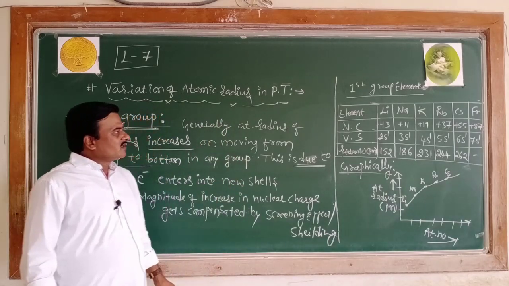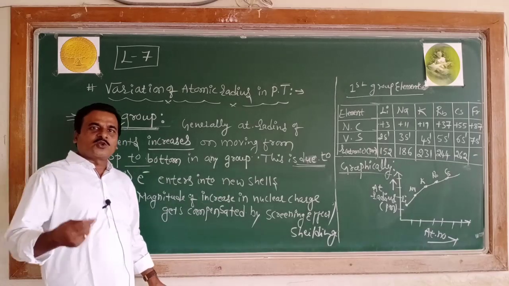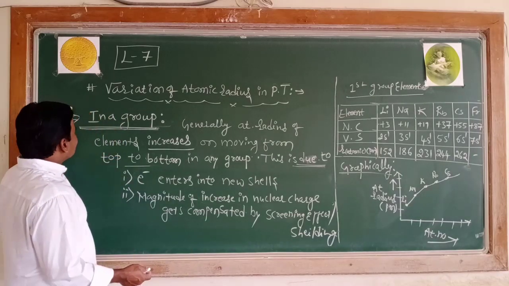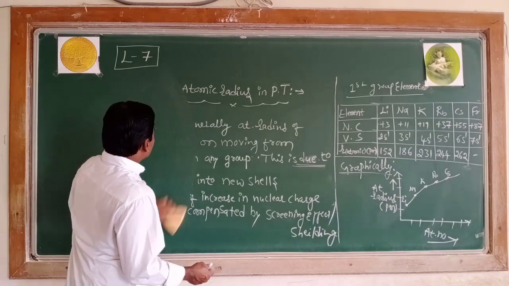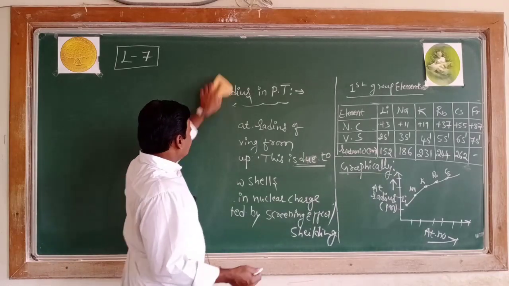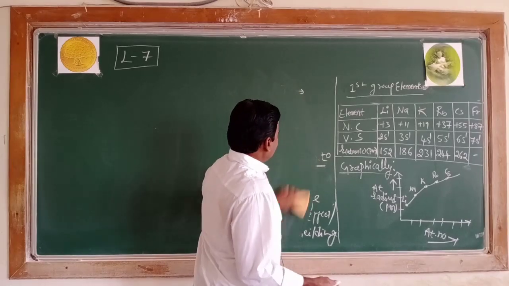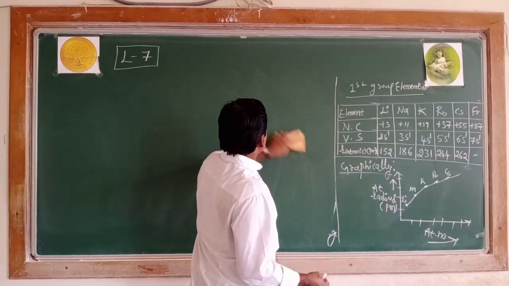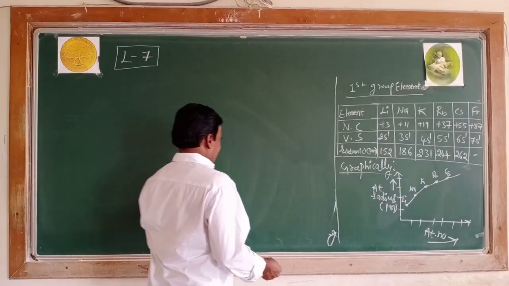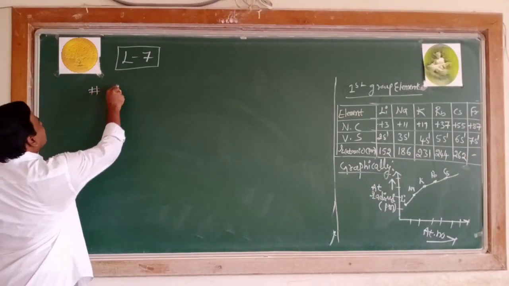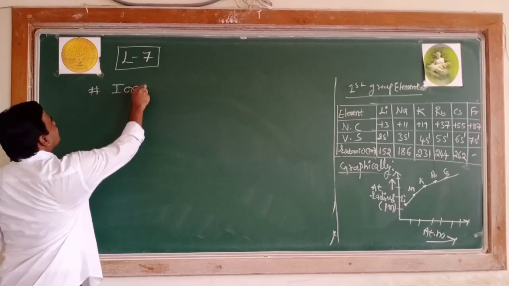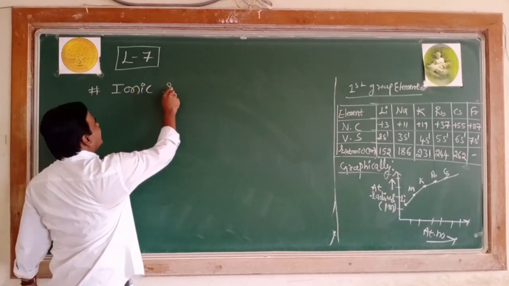Well, with this conclusion, let us go to another periodic property, the second periodic property, which is ionic radius. What is it? Ionic radius.